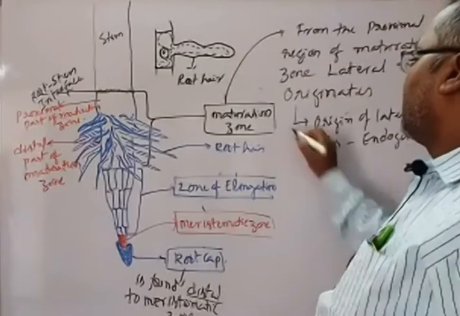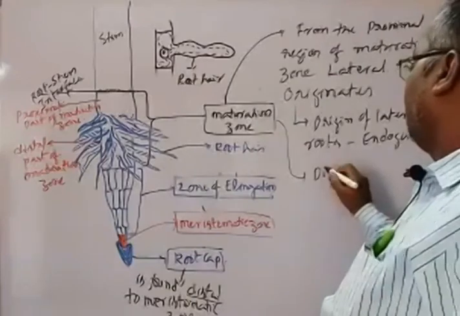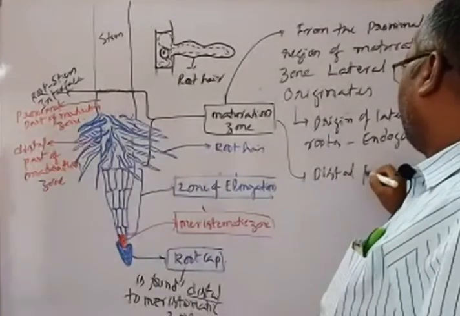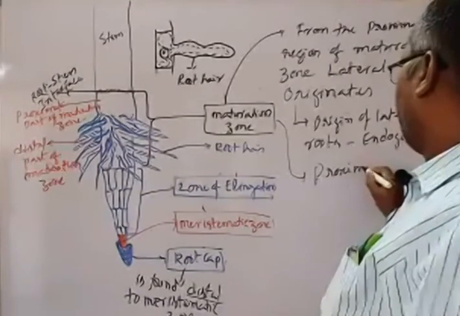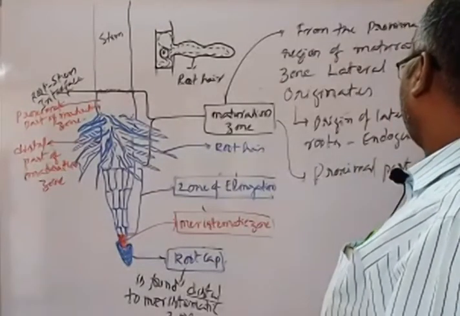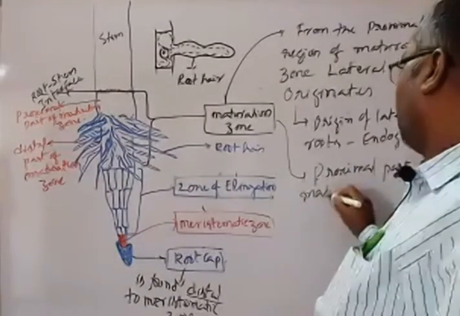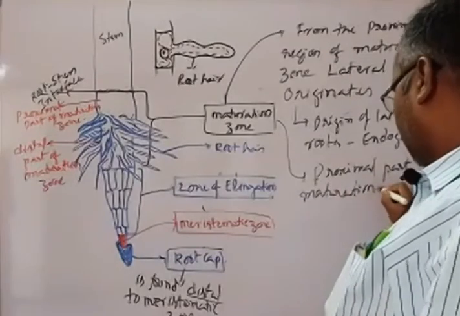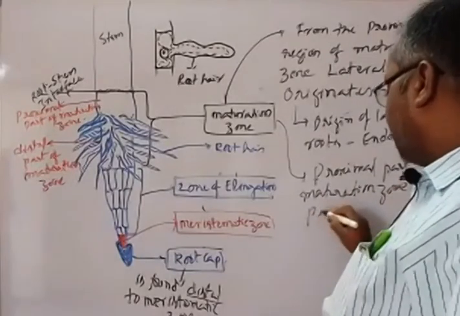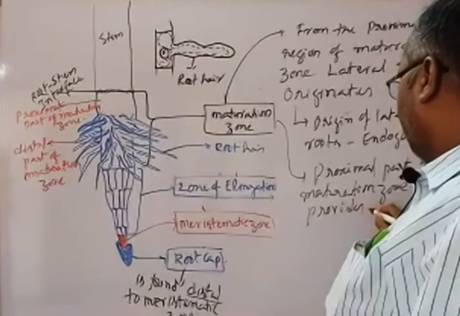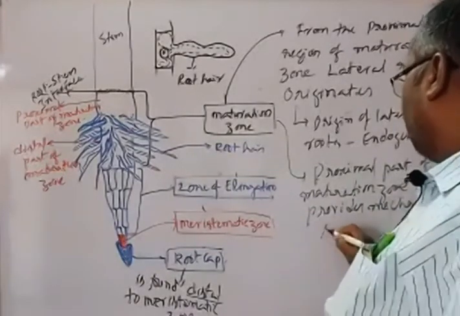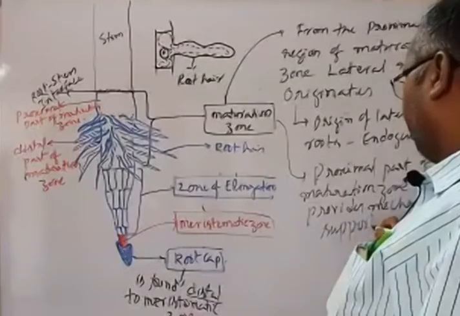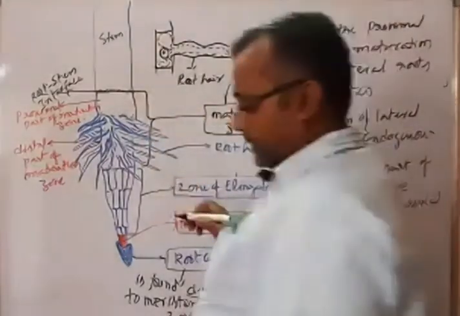So the proximal part of the maturation zone provides mechanical support. This part gives mechanical support.